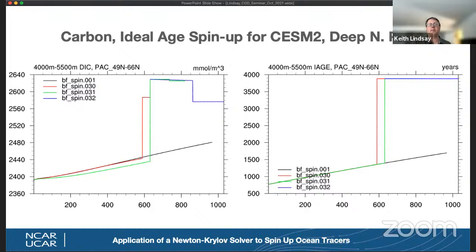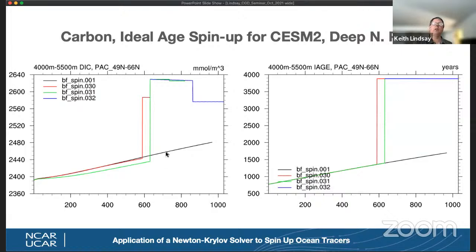This is a little bit of a complicated picture, I admit, but this first curve, the black one, in both of these figures, where we're looking at carbon and age in the deep North Pacific, was our first attempt at a spin-up for CESM1, and we had a lot of drift going on.